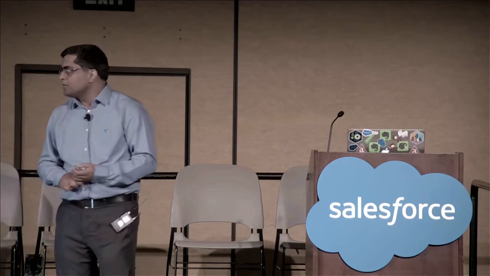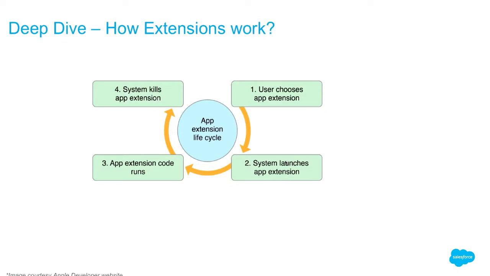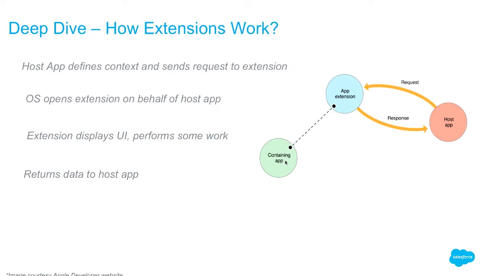So let's take a quick look at the typical life cycle of an extension. Similar to an app, the user chooses an extension. The system launches the app extension, it runs, and then the system kills the app extension. That's a very simplistic view. Digging a little bit deeper, there is something called a host app and a container app.